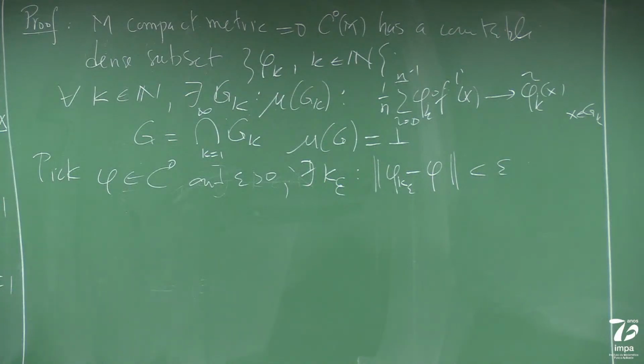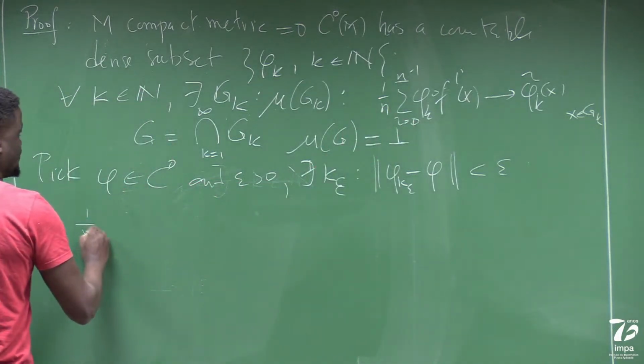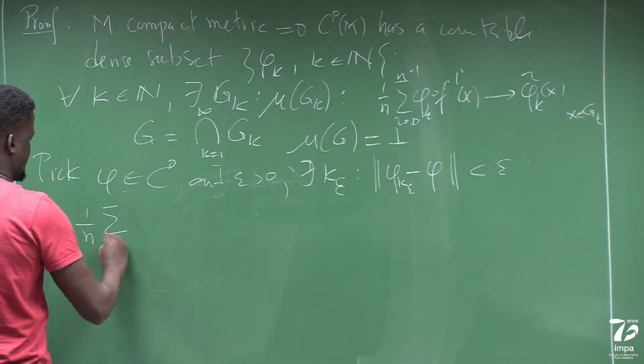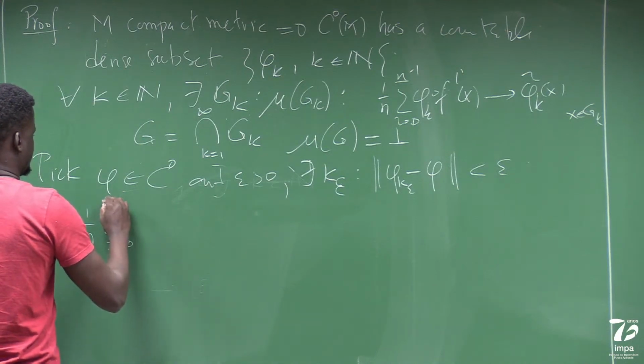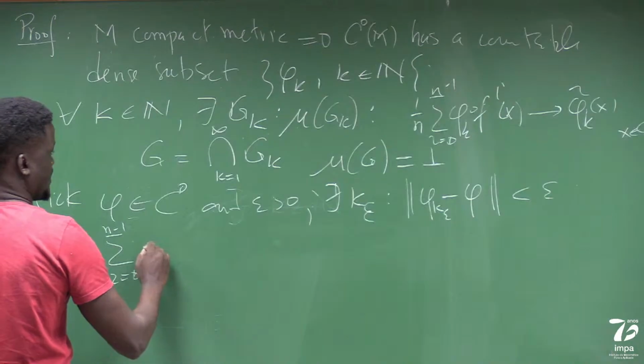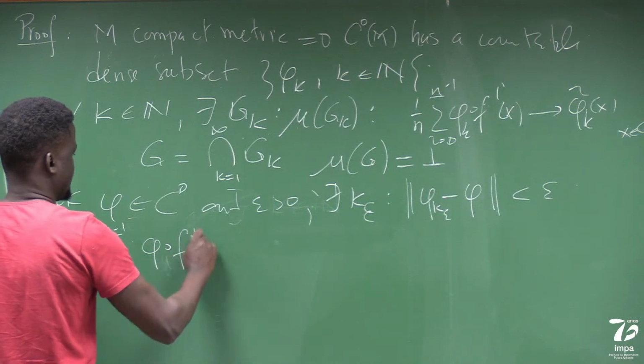Okay, and you can always write this: 1 over n, the sum for i equals 0 to n minus 1 of phi composed with f^i.